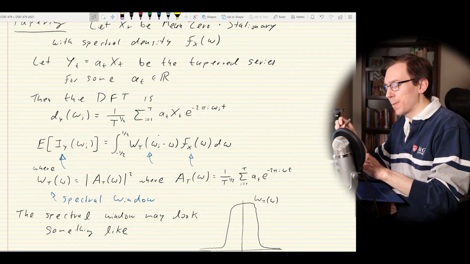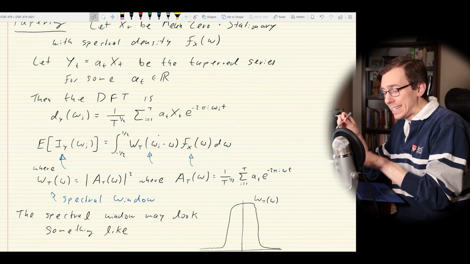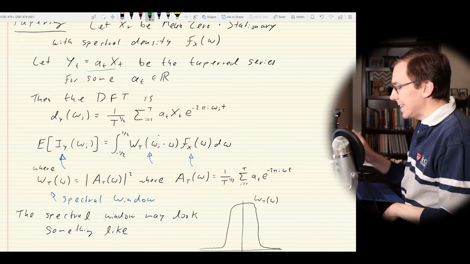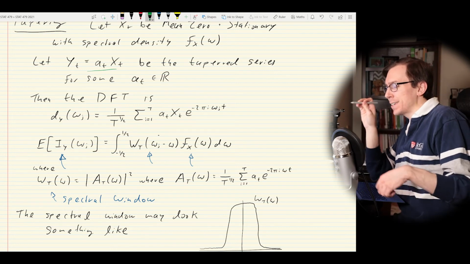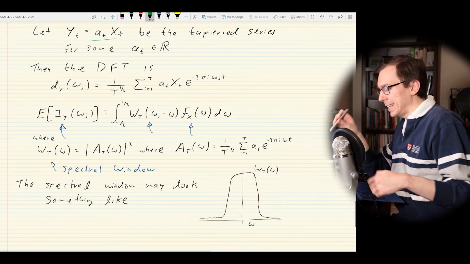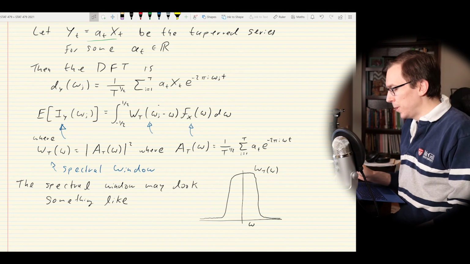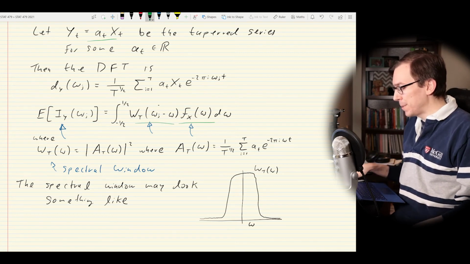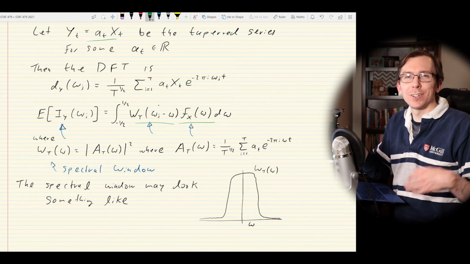Here, we're modifying the original data X, and the effect is to ultimately average the spectral density over some window W_T.